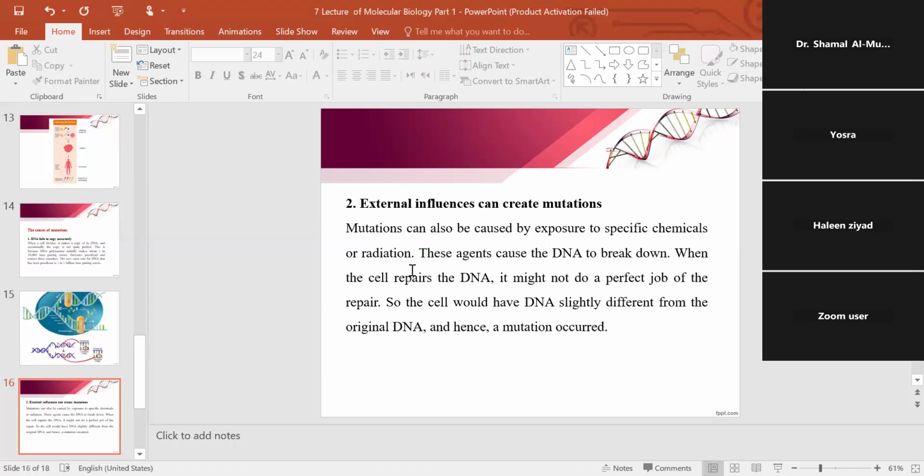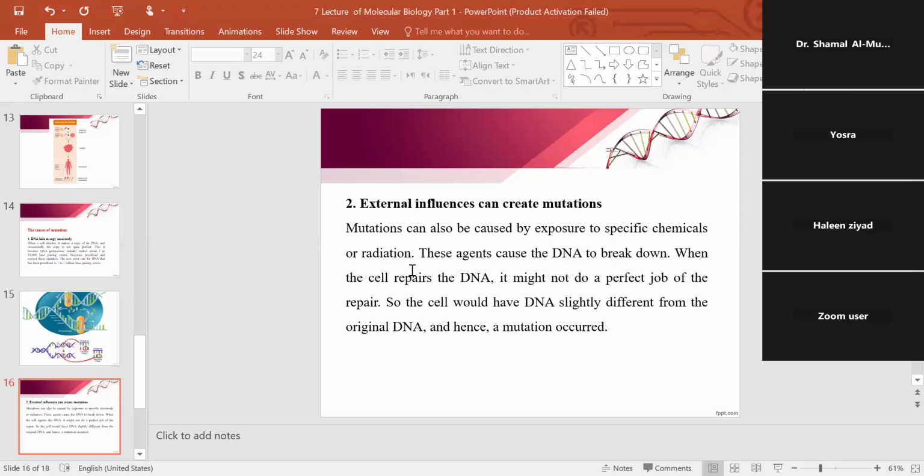When the cell repairs the DNA, it may not do a perfect job of the repair. It does not correct well due to the radiation or the chemicals. So the cell would have DNA slightly different from the original DNA, and in this case a mutation occurs.